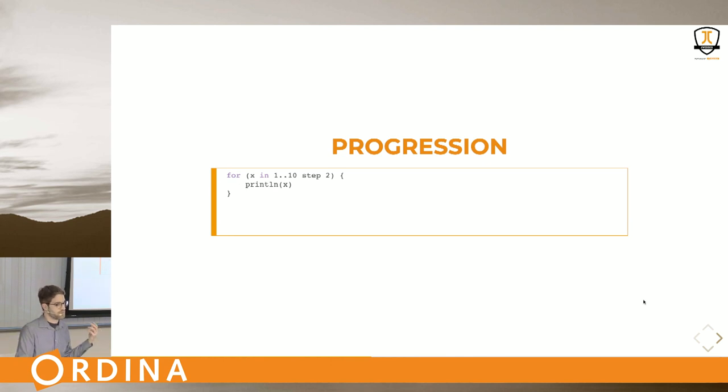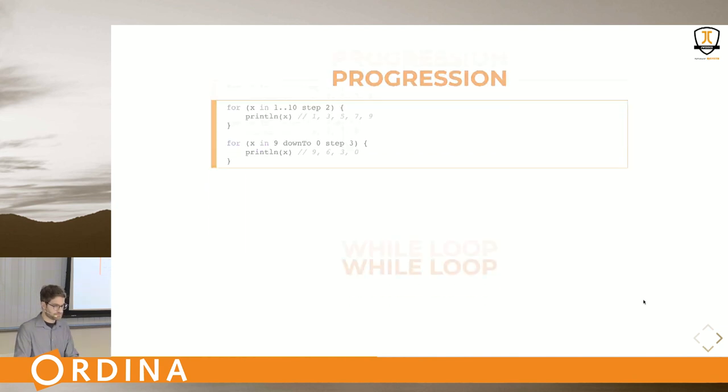So in this case, we print all the odd numbers from 1 to 10. This would include 10, but of course 10 is, it's 9 and then 11, so 10 is not printed. And then you can also go downwards with a different step. It could also be step 3, and then you have 9, 6, 3, 0. So it's pretty nice to generate ranges.